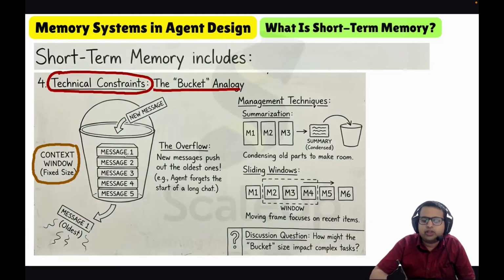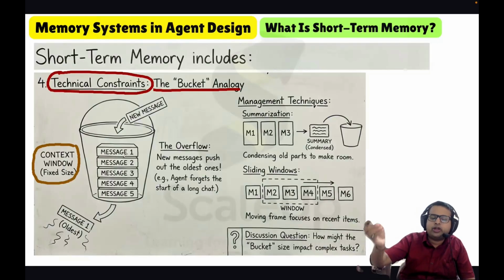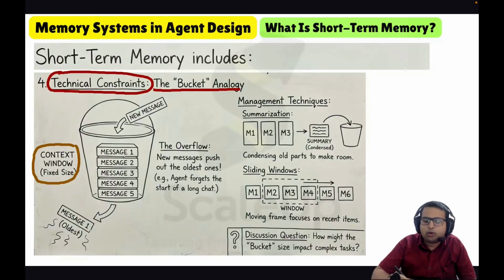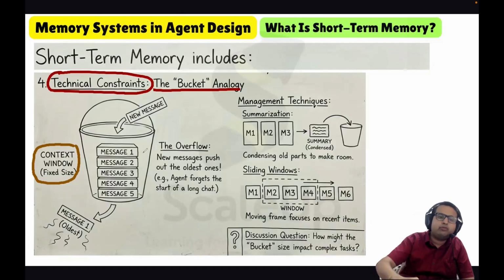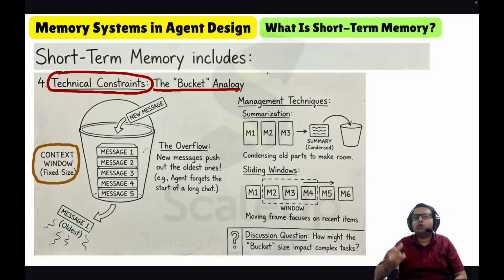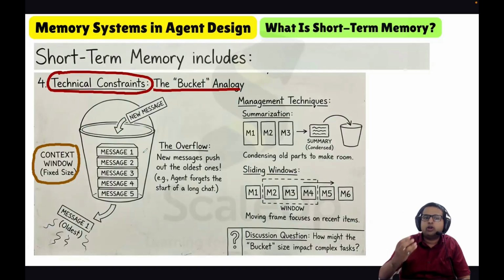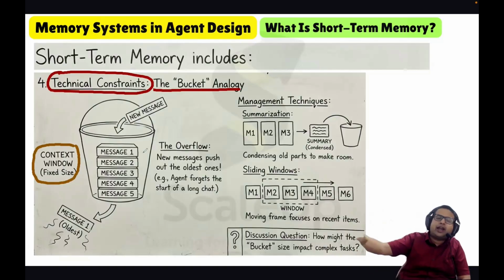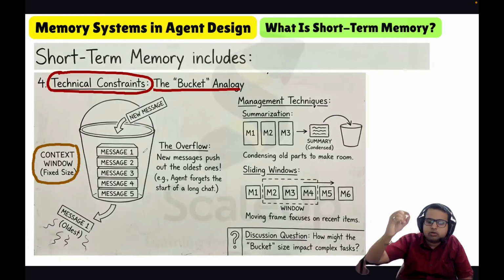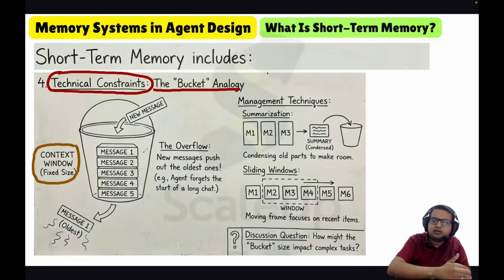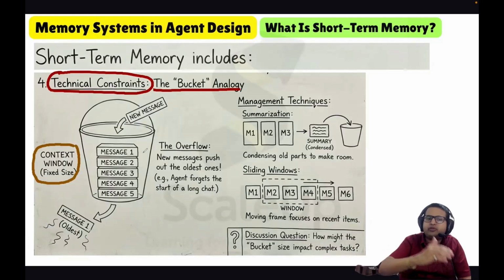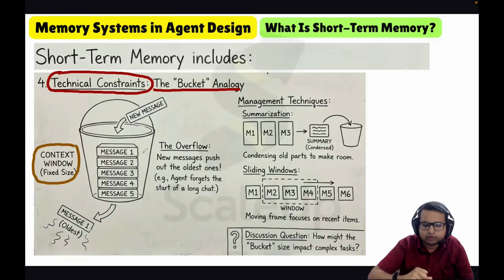The overflow is when, as you pour in new messages, the oldest message at the bottom gets pushed out. So now, very important, we are discussing the overflow scenario of a context window. We know that the size of the context window is fixed, and if we keep on adding new messages, after a point of time, it will overflow. And when it overflows, the oldest message will be flushed out of the context window.